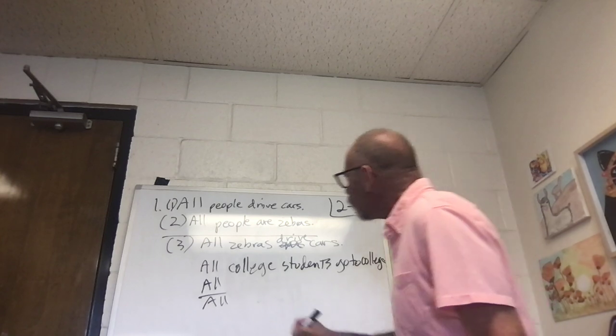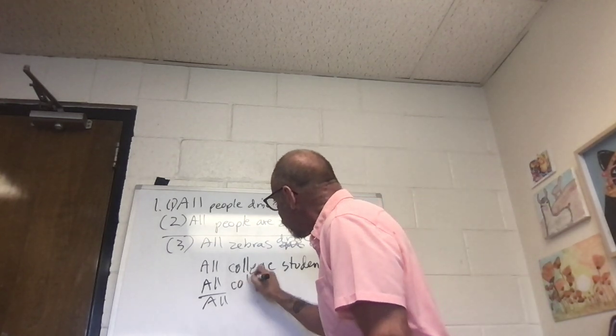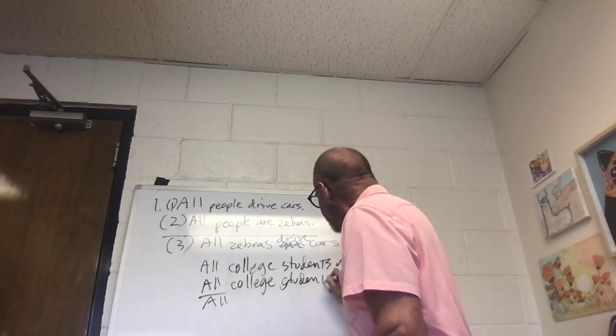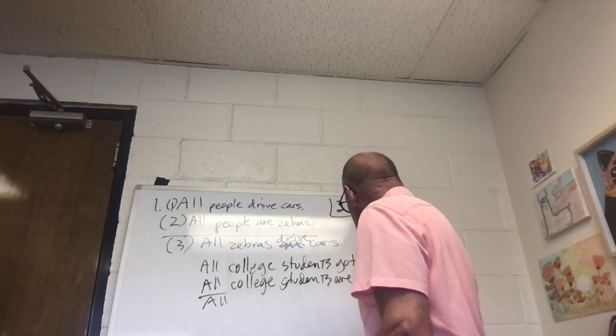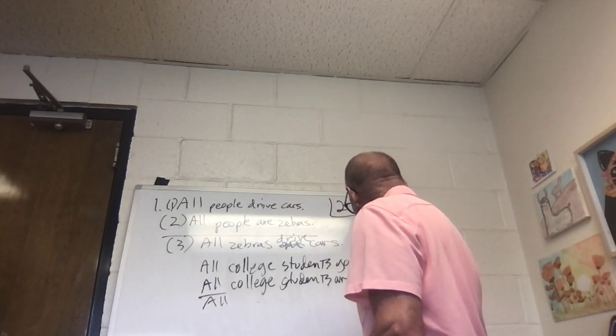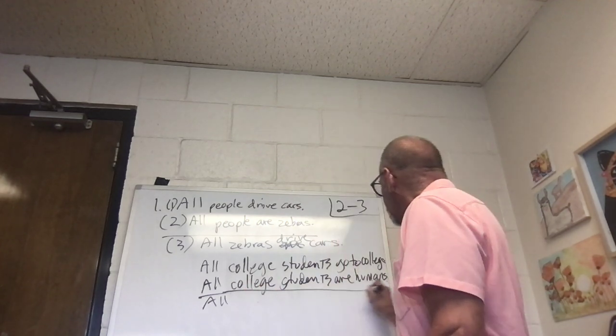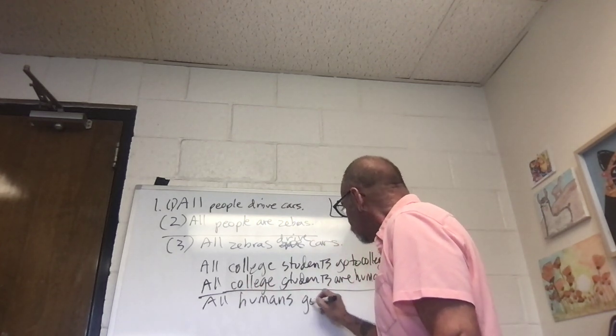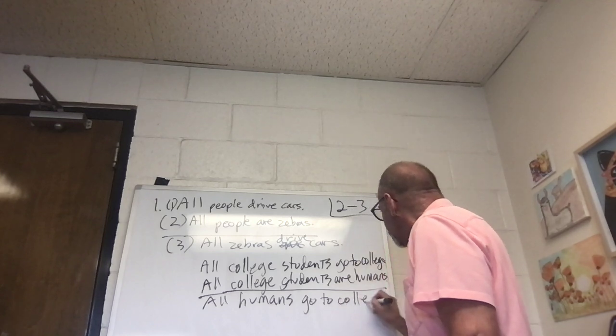For the first premise. And for the second premise, we get all college students are humans. And for the conclusion, we get all humans go to college.